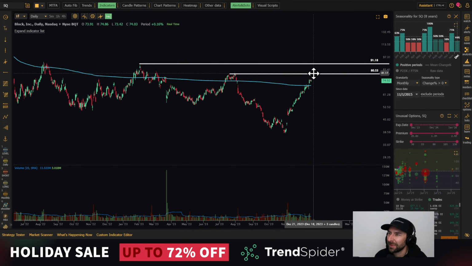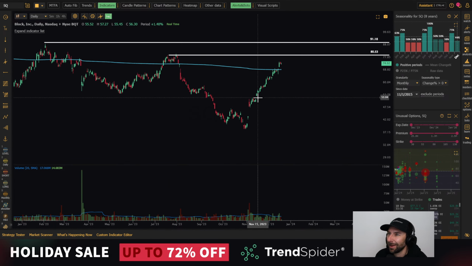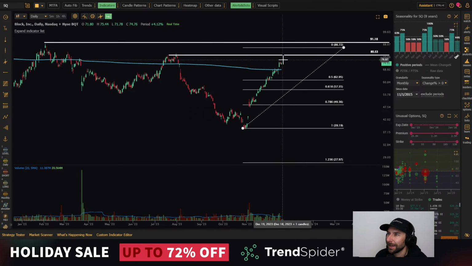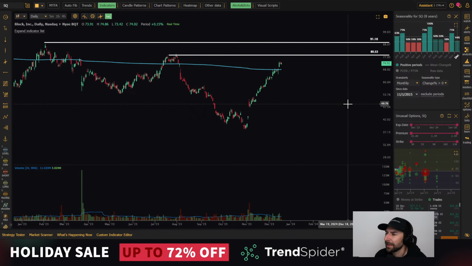But if they do end up making some new highs, I don't know what they'll look like, but then I would next anticipate some sort of reversal, and I'd be looking for longs on a reversal. I would use all the same thoughts: measure a fib somewhere in here, and if they do end up gaining, look for where they might pull back. That's how I would look at it.